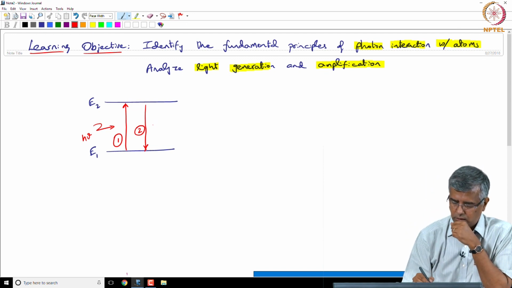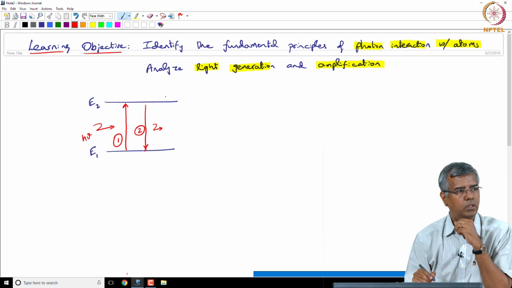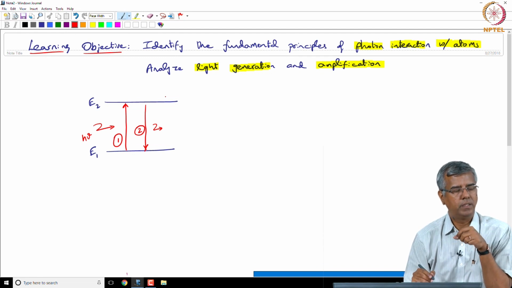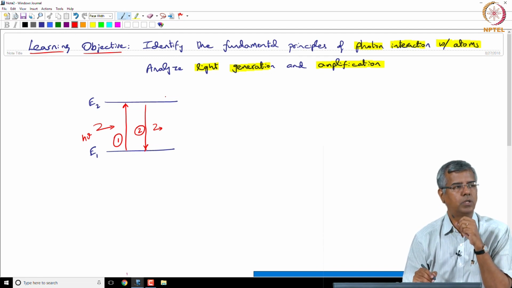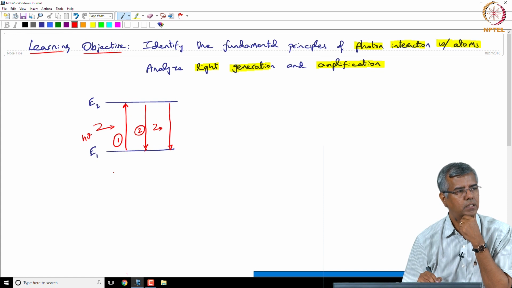Or it could also have this case where, while this atom is held at E2, a photon with energy h nu comes by and it stimulates this transition, okay.